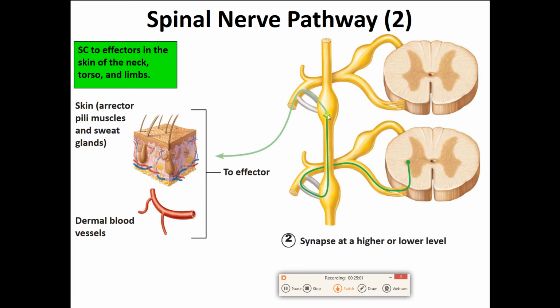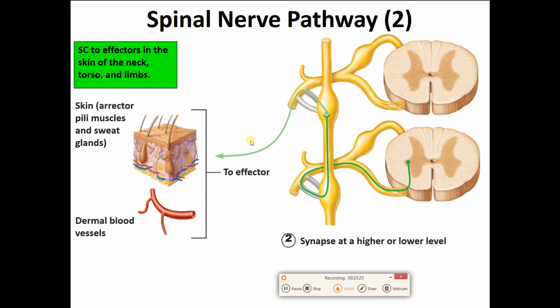In this case, we went up one level to one ganglion above. Synapse there with our postganglionic neuron. It then leaves via a gray ramus communicans, ventral ramus, onward to our effector. And still, same thing as pathway number 1, effectors in the skin of the neck, torso, and limbs. This is just a way to get to more places in the body.